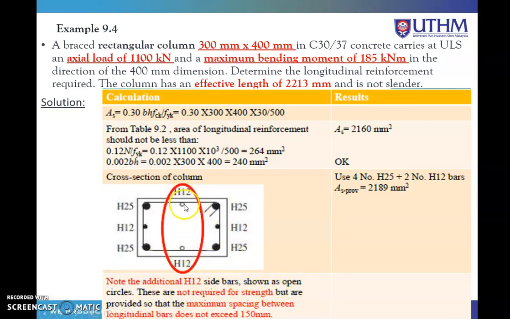Okay, so maksudnya kat sini dia tak perlukan untuk strength, but dia provide untuk mengelakkan the maximum spacing. Okay, so the maximum spacing between longitudinal bars must not exceed 150 mm. So maksudnya bila dia letak ini, so dia punya spacing is less than 150 mm.